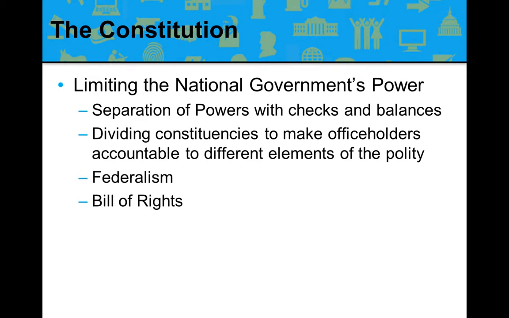So we send people to Washington, D.C. to represent us in the federal government, and we send people to Austin, Texas to represent us in our state interests. And that's really at the heart of federalism. And then the Bill of Rights was passed in order to ensure that the government was indeed limited in what it could do to the citizens.